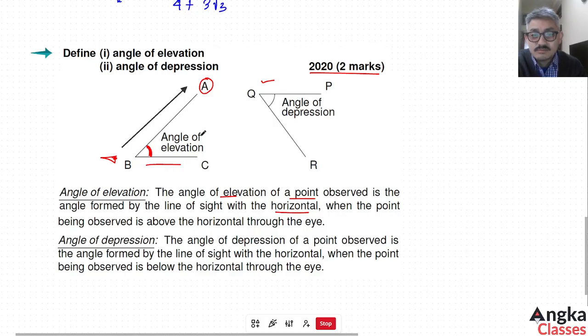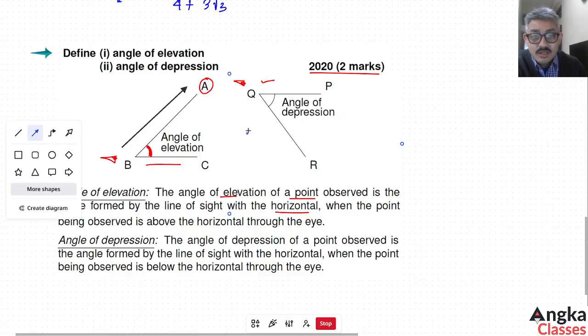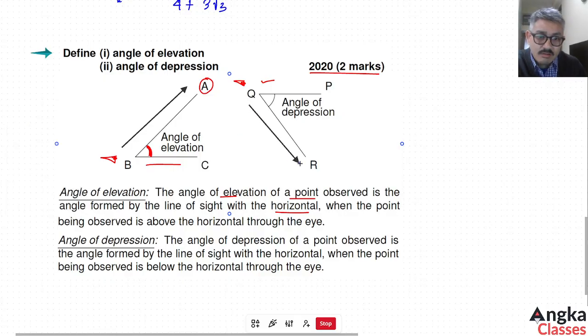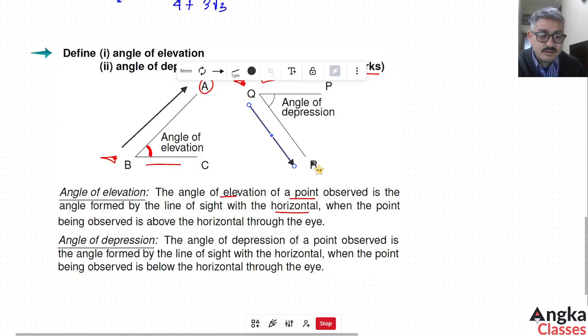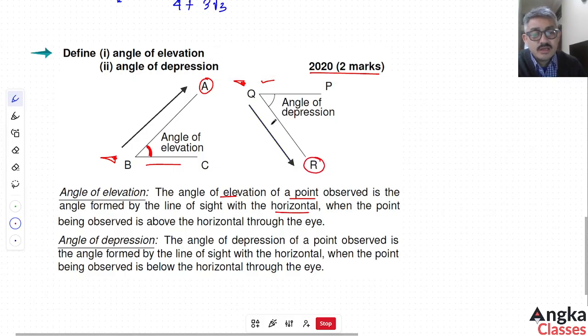Now, the angle of depression of a point observed is the angle formed by the line of sight with the horizontal when the point is below. Here, the observer looks at point R, and the horizontal line is QP.